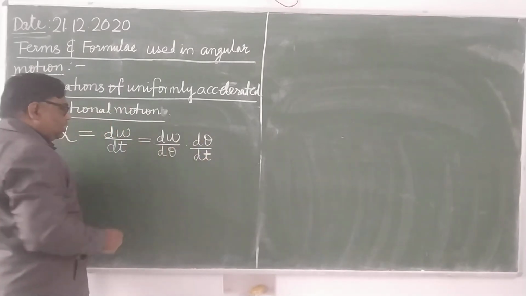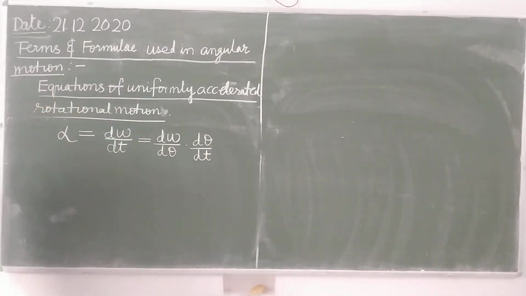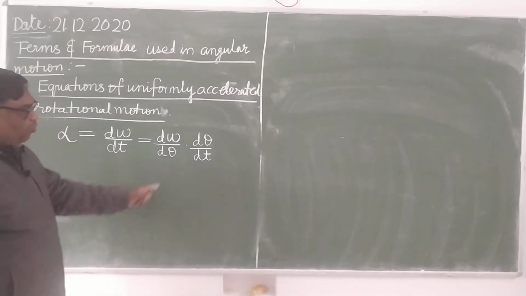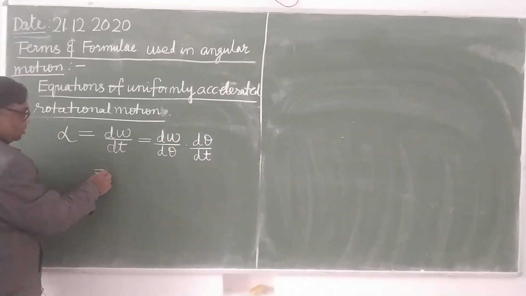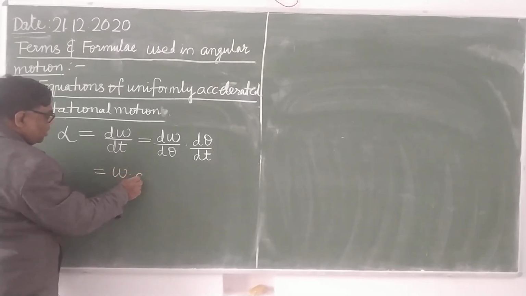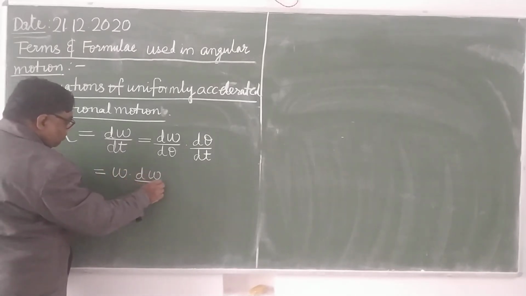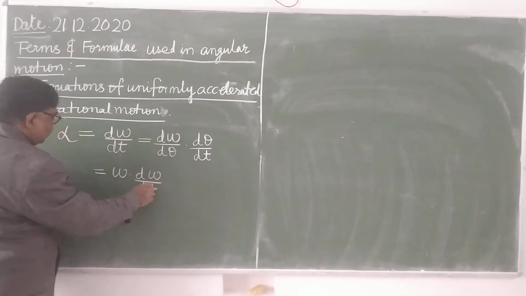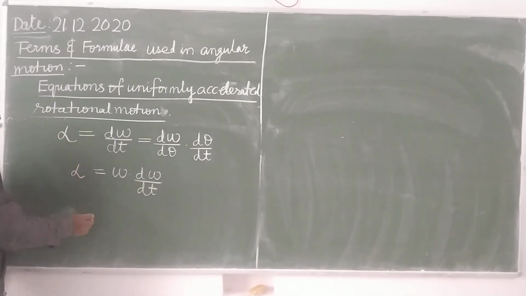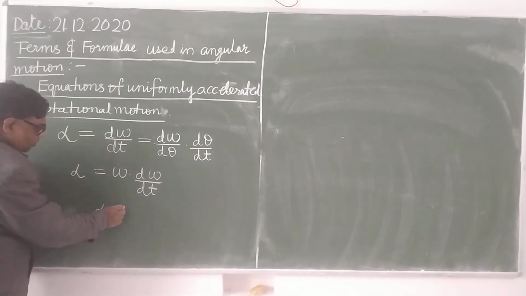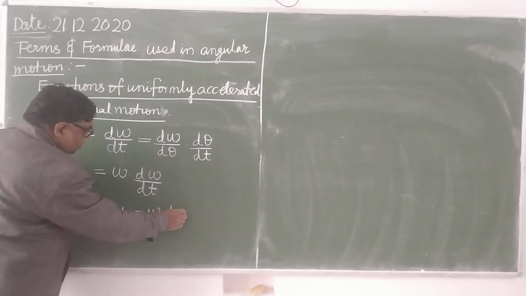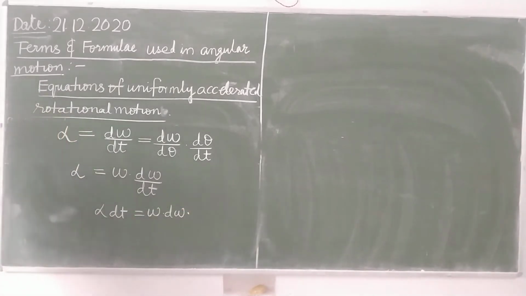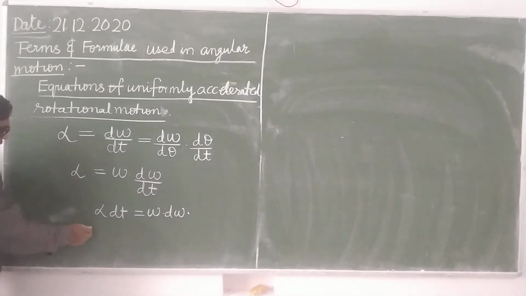D theta and d theta cancel, so it is d omega upon dt. Now what is d theta upon dt? D theta upon dt is omega. So alpha equals omega into d omega upon d theta. So what will be alpha into d theta? It will be omega into d omega. Now integrating both the sides.